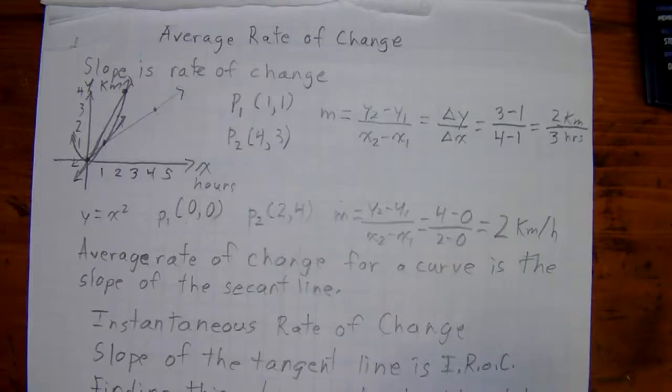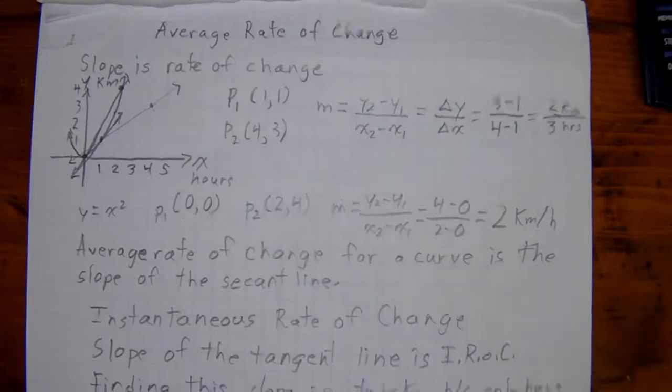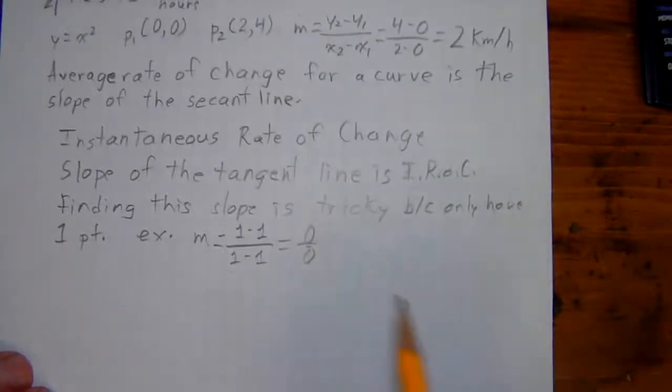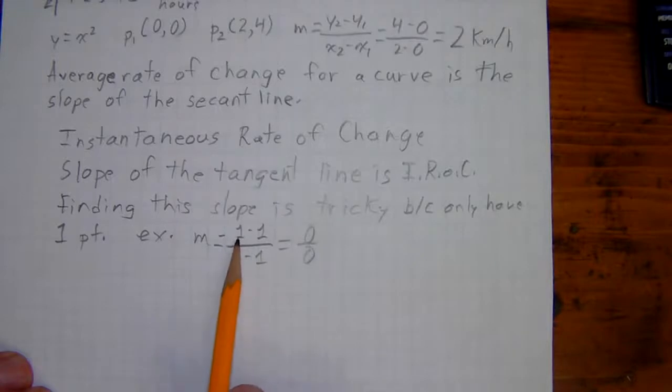So the bright idea that Newton and Leibniz had, oh, thank you, Caitlin. There we go. So if we only have one point, we're going to do that point minus itself divided by the x value minus itself, and get 0 over 0.